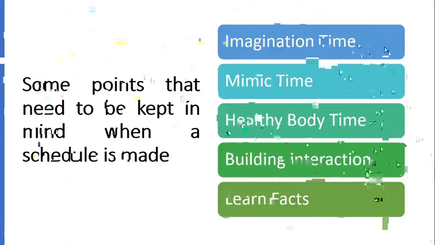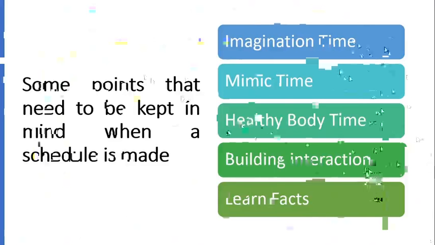Apart from that, cooking and cleaning their own rooms, in the form of arranging their books or their wardrobe or their toys, could be made a part of their routine, and you being a part of it along with them would definitely make some difference in the way a kid is learning the life skill.